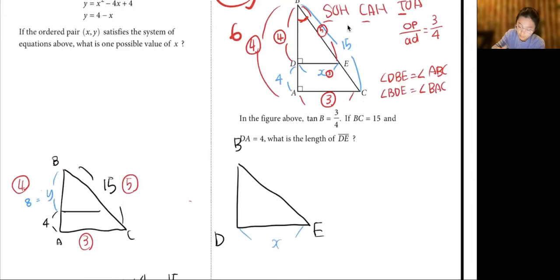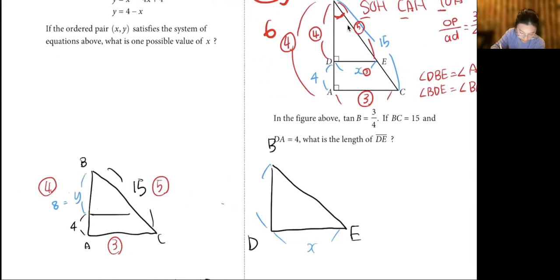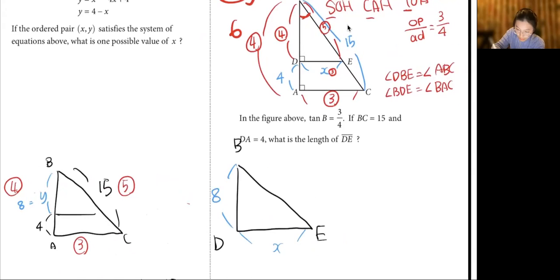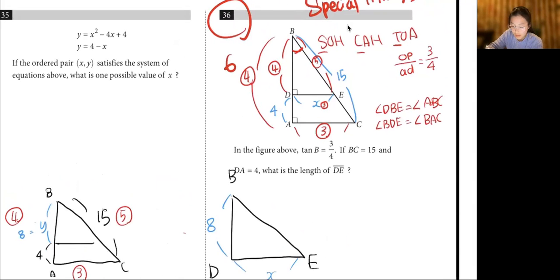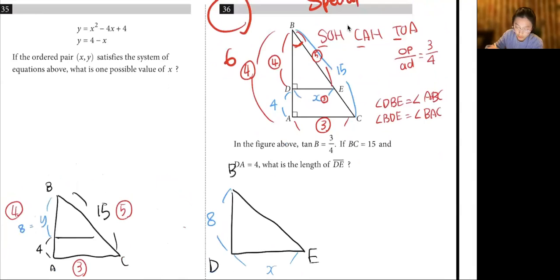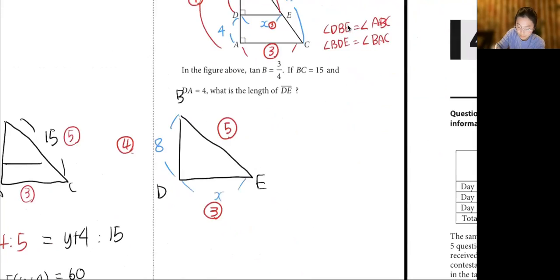We found the length of BD, which was 8, and we also know the ratios. Since these triangles are similar with the same angles, the ratio is 4, 3, and this one is 5.